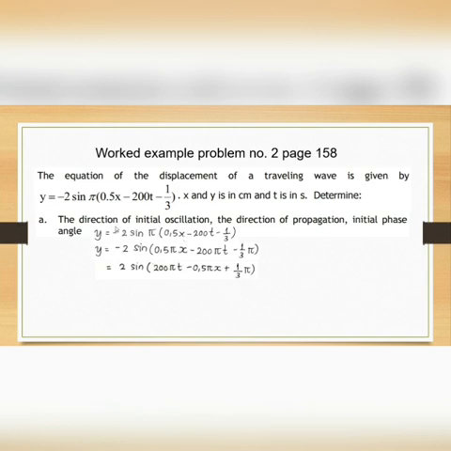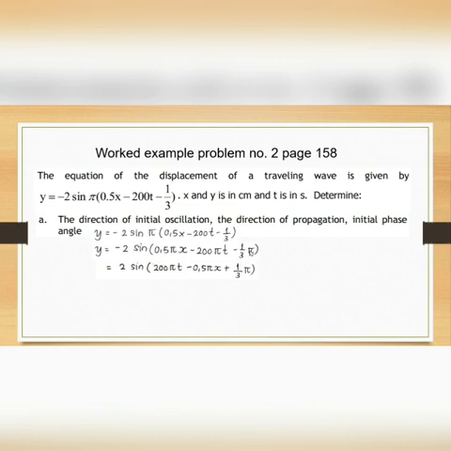We multiply this negative sign into the brackets. So this is minus 2 sine pi times 0.5x, and it becomes minus 2 sine (0.5 pi x minus 200 pi t minus 1/3 pi).